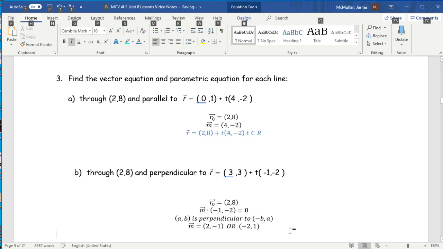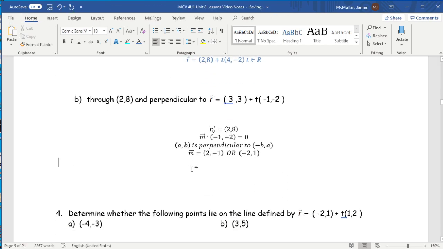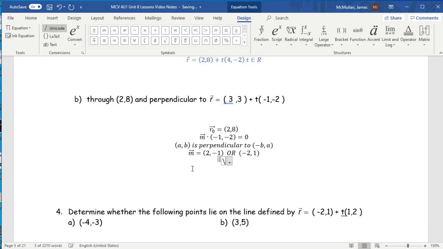So a perfectly good answer for this one would be r vec is equal to the point 2, 8 plus t times the direction vector, where t is some real number.